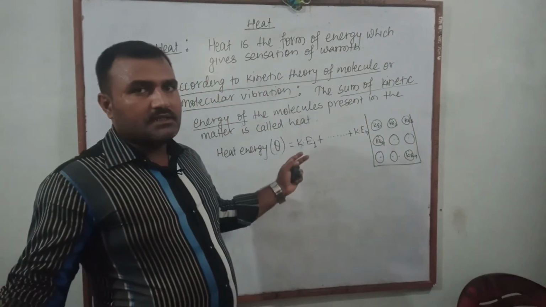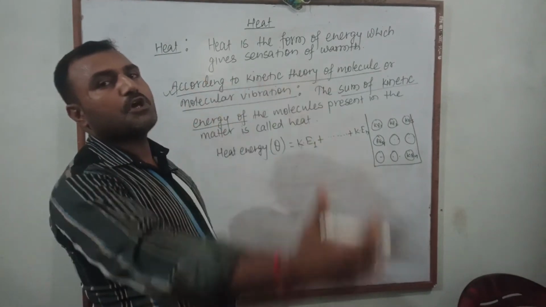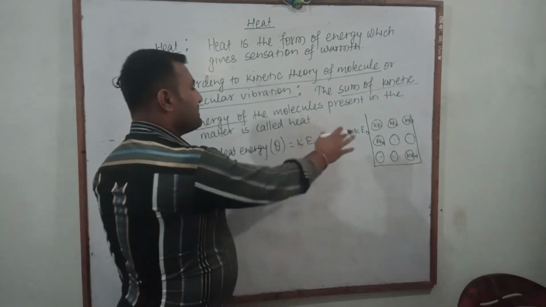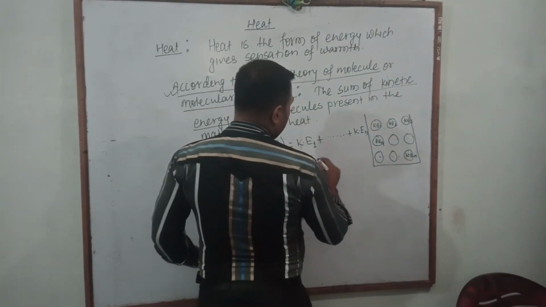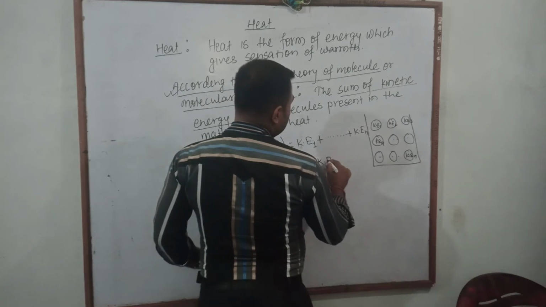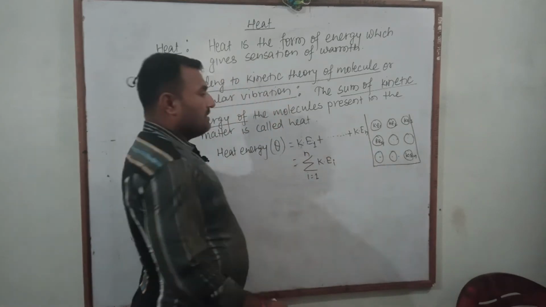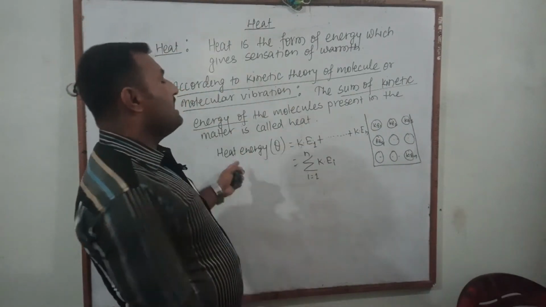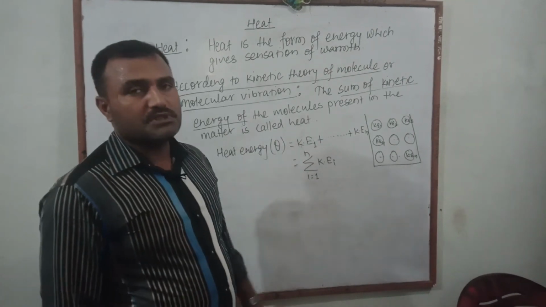When we add the kinetic energy of all these molecules, the sum of their kinetic energy is called the heat energy present in that matter. In short, we can write the sum of kinetic energy of the ith molecule, with i from 1 to n. It means that as the number of molecules increases, the sum of kinetic energy of the molecules also increases.